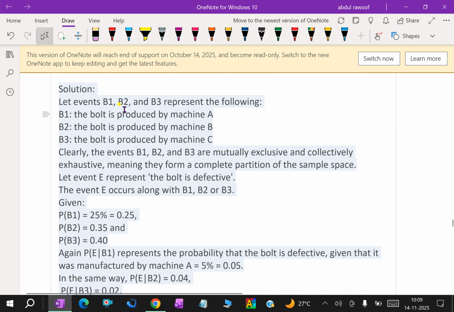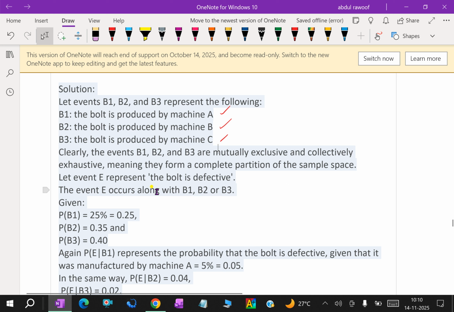Let events B1, B2, B3 represent the following. B1 represents a bolt produced by machine A, B2 is machine B, B3 is machine C. Clearly B1, B2, B3 are mutually exclusive because they are not mixed, and collectively exhaustive, meaning they form a complete partition of the sample space.